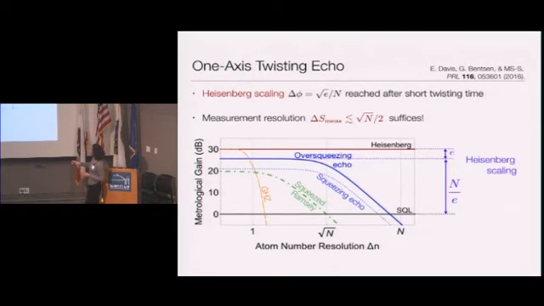And so looking at this type of plot again of the metrological sensitivity as a function of my atom number resolution, what I find is that whereas that Schrodinger cat state would become useless as soon as I have a detection noise on the order of one atom, this oversqueezed state that is easier to prepare is also something that can be detected even if my measurement can only resolve root N atoms.